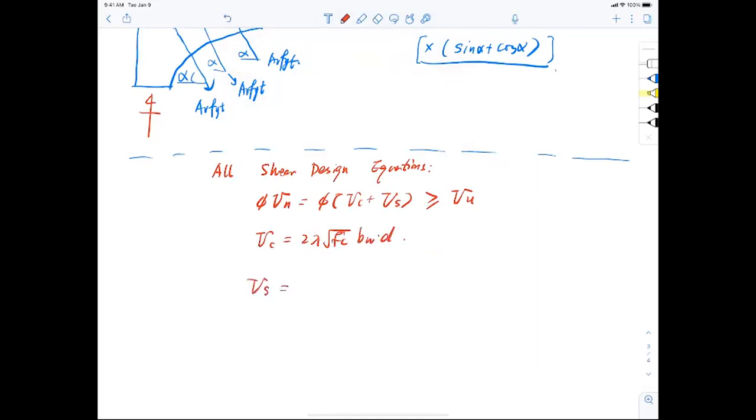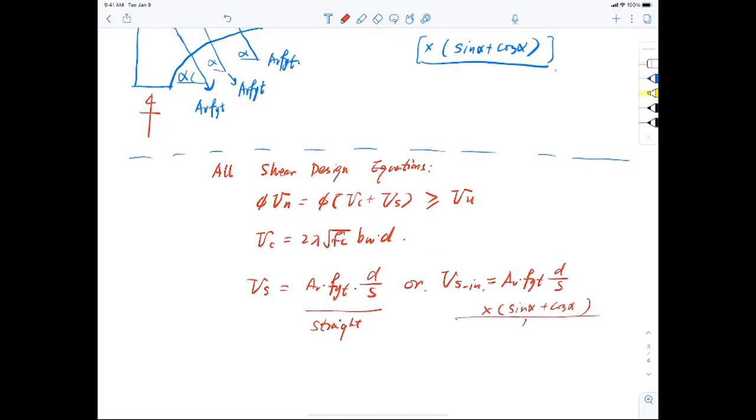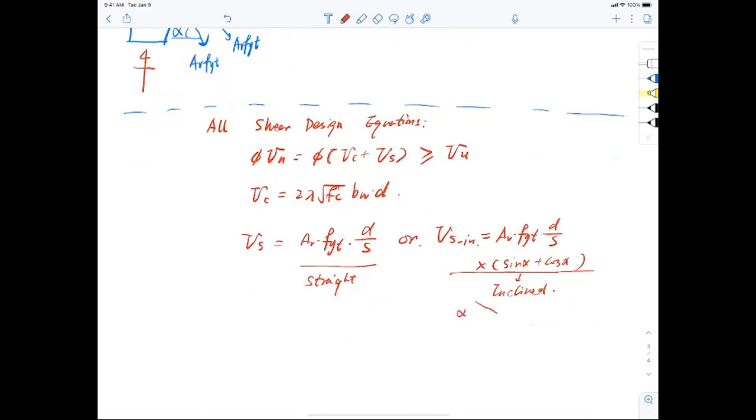Vs equal to Av fyt multiply d over s for straight stirrups, or for inclined, Vs equal to Av fyt d over s multiply sine alpha plus cosine alpha. Alpha being the angle of the stirrups with respect to the horizontal or flexural reinforcement direction. Alpha is the sharp angle, not the other way around.